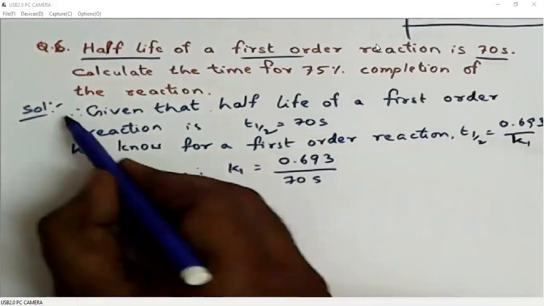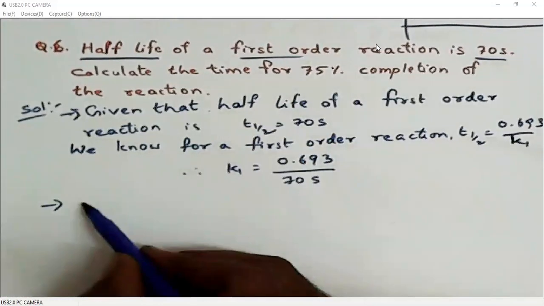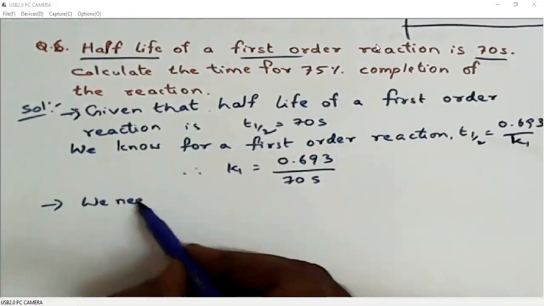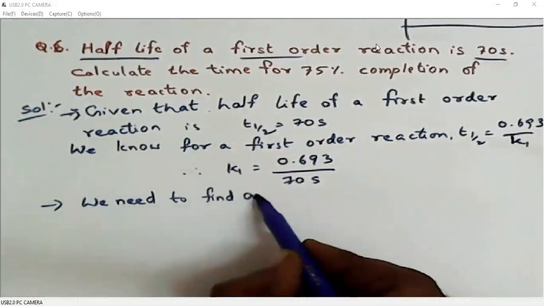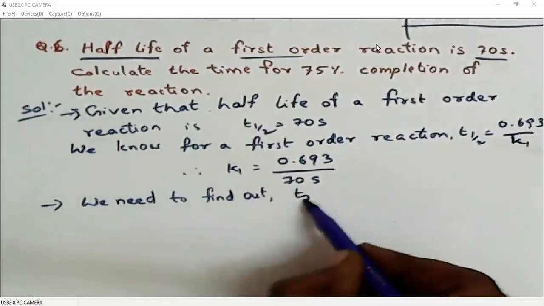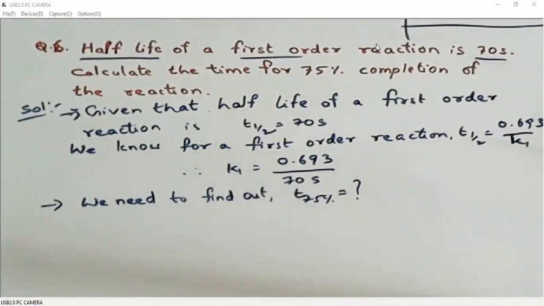Then what do we need to find out? We need to calculate T 75%, the time required for 75% completion of a reaction.